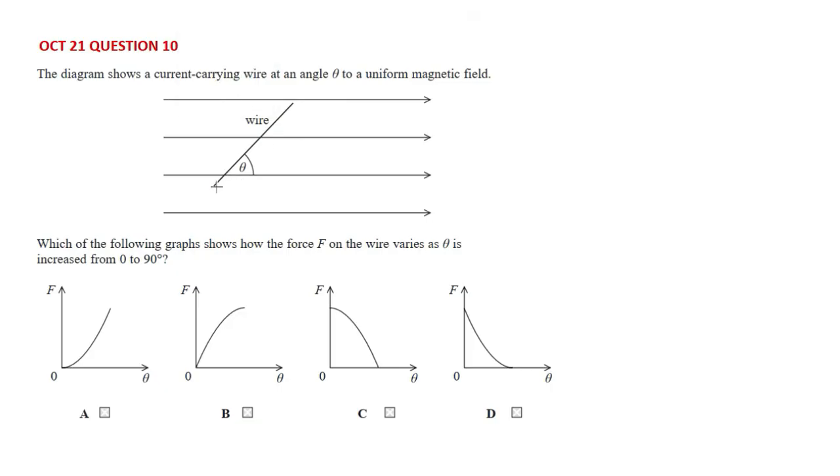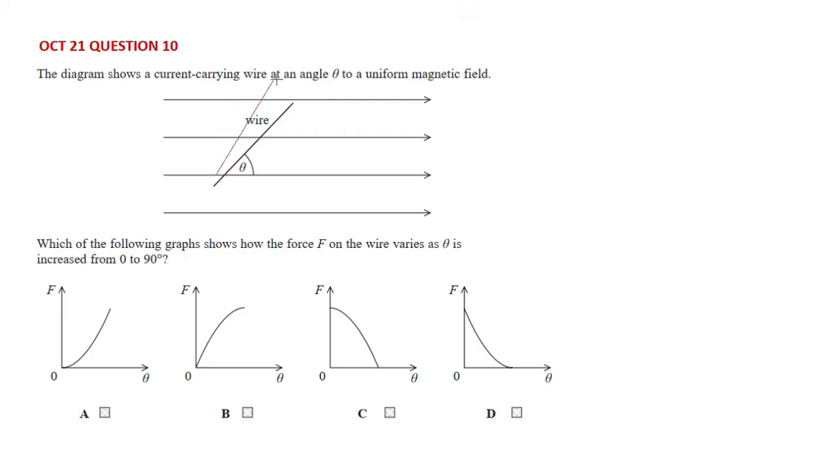So let me show you this way. Initially, the wire was like this, 0 degrees, but then it increased to 90 degrees.